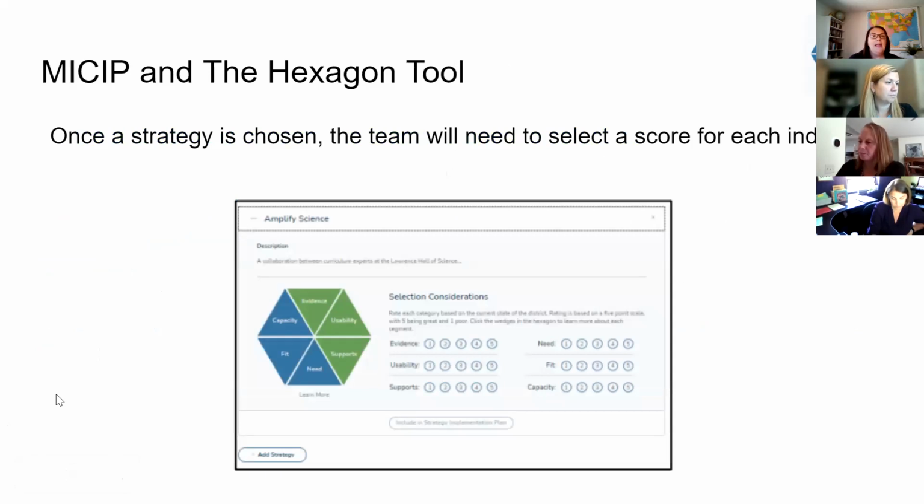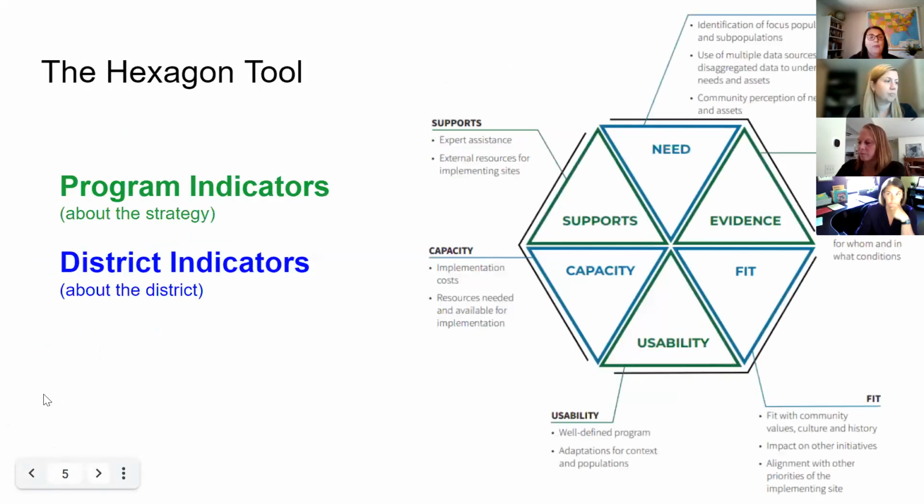So within the MICIP platform and the process, once a strategy is chosen from my strategy bank, the team needs to go through the Hexagon tool and score each indicator within the tool for that particular strategy before you can move forward. Those indicators are broken up into two kinds.